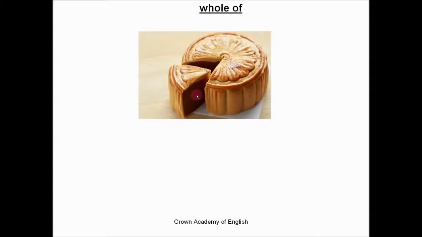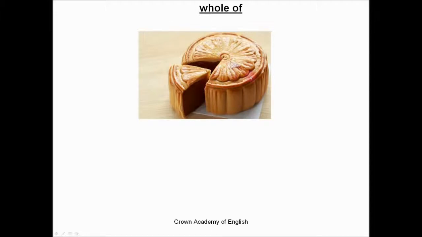So here we can see there is a cake. Now imagine that somebody eats this slice of the cake, and then he eats another slice of the cake, and then he eats this slice of the cake, and then he eats the last slice of the cake.